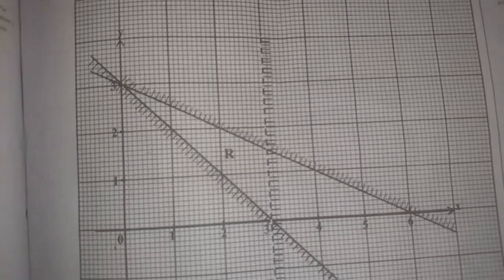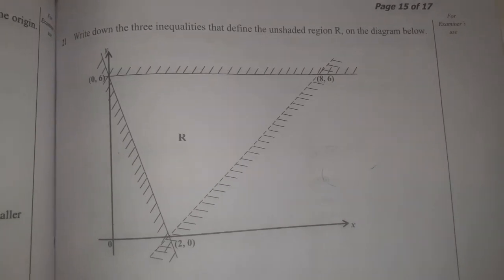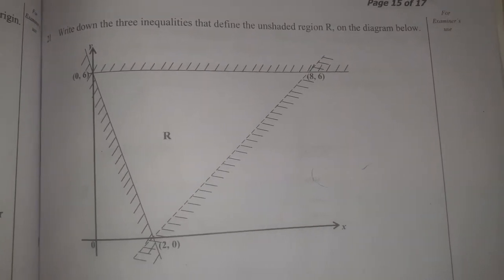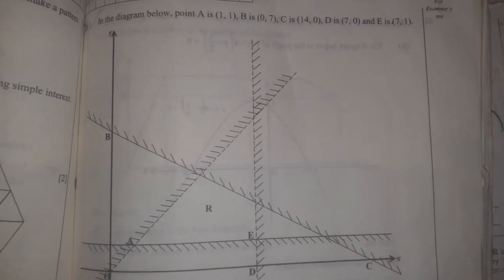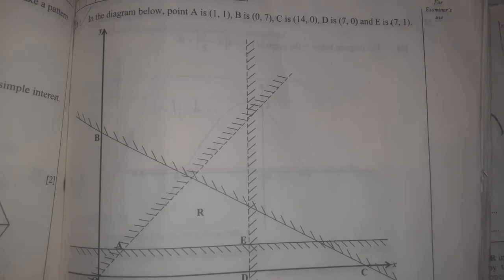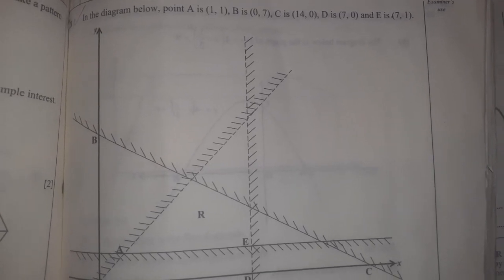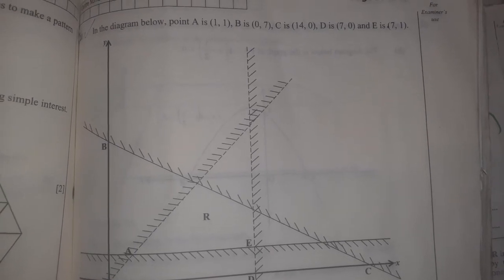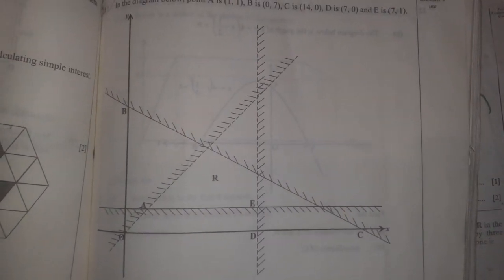I hope you're able to see this other dotted line. Okay, there's this one. This was 2019 internal. So this was GCE 2020. The coordinates are given up there: the coordinates for A, for B, for E, for C. Then now you write, so use those coordinates.